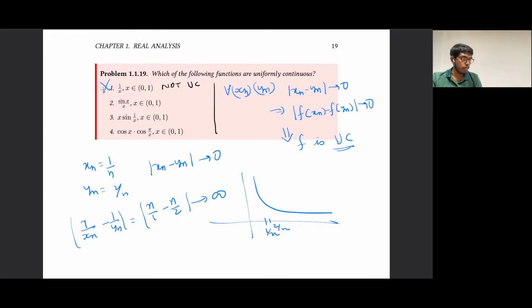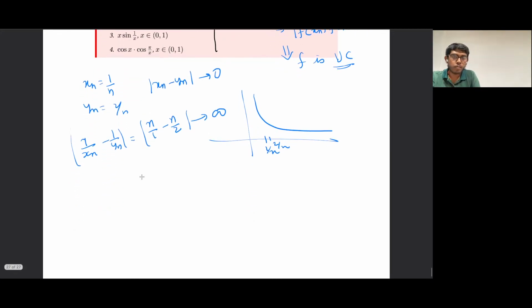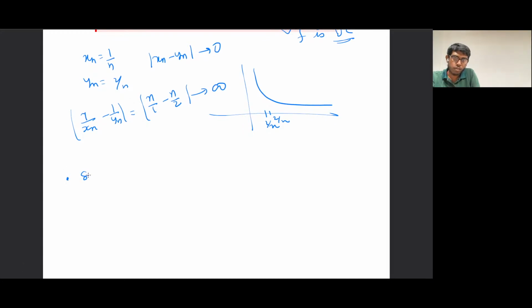Okay, what about sine x by x? We can extend this function on the boundary. This is defined on (0, 1).